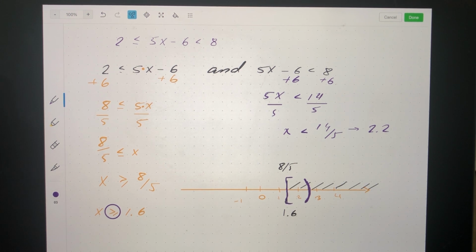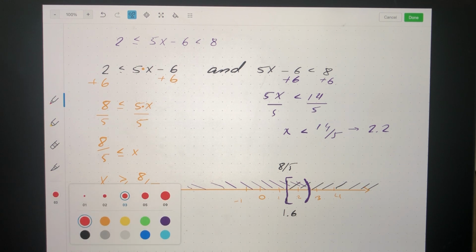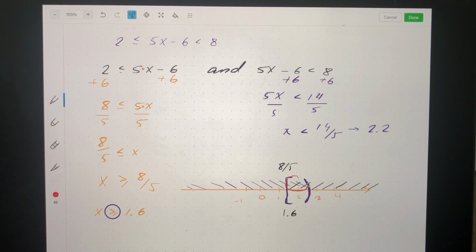The second inequality has no equal sign, which means it's a parenthesis. Less than 2.2 is everything to this end. We can see that the shadings intersect on this small interval right here, and this is exactly what our answer is. Our answer is bracket 8/5, comma, 14/5, parenthesis.